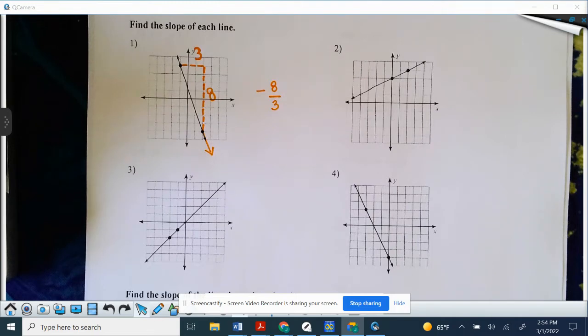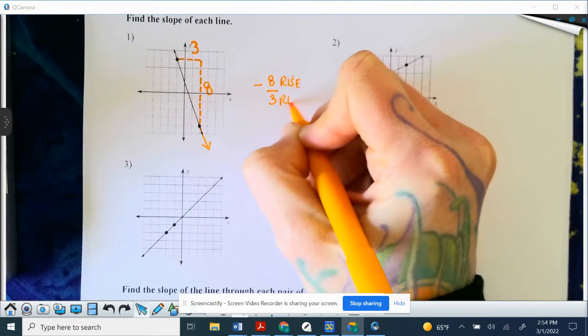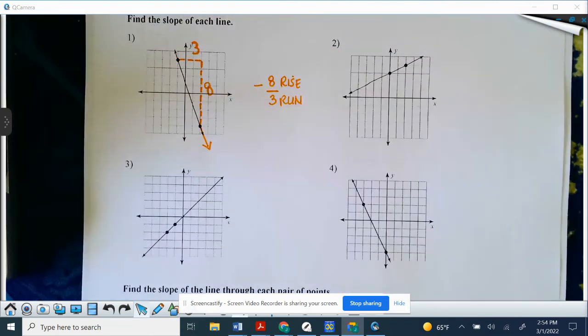That's why most students have this conversation in word problems, because then it is more relative to a conversation about the rate of change, usually money or things. But as far as graphing, you do want the rise over the run, and you want to stop there. Don't turn it into a different format. You want it in a fraction format. And remember, rise is always on top, run is always on bottom.